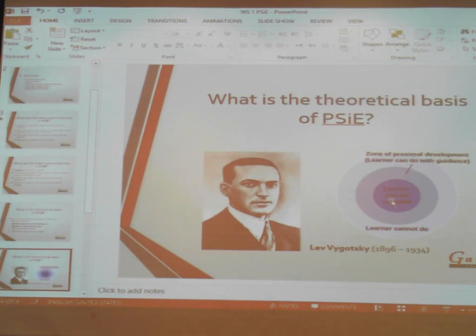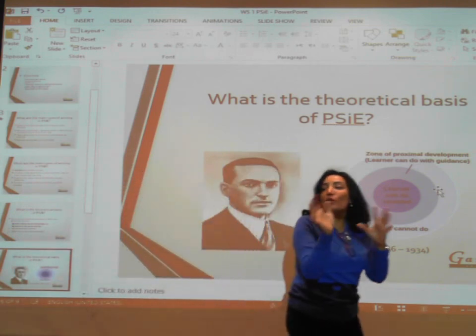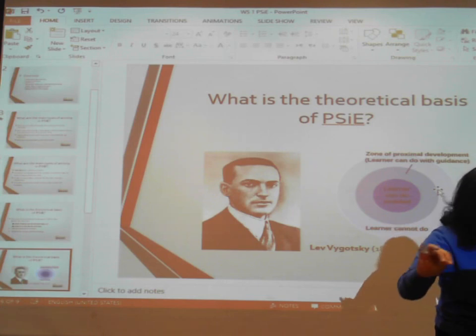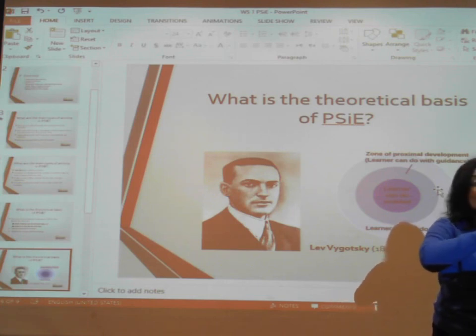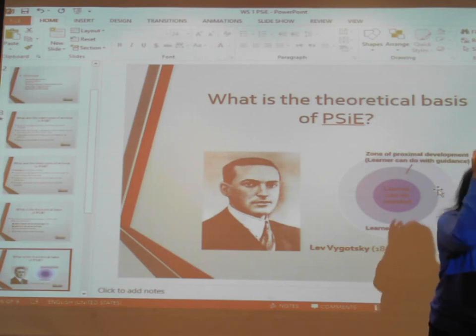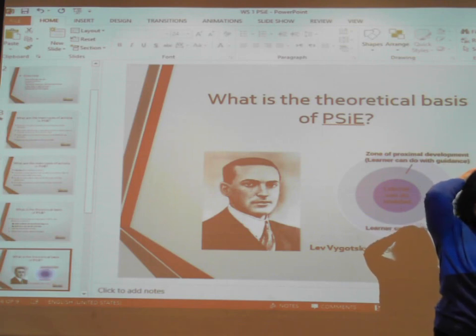The core in essence is the zone where the learner can do things unaided, and this usually comes at the beginning of all the exercises, where the student has the simplest exercises. He's very comfortable doing them because they have to do with the schemata, what he already knows, right?